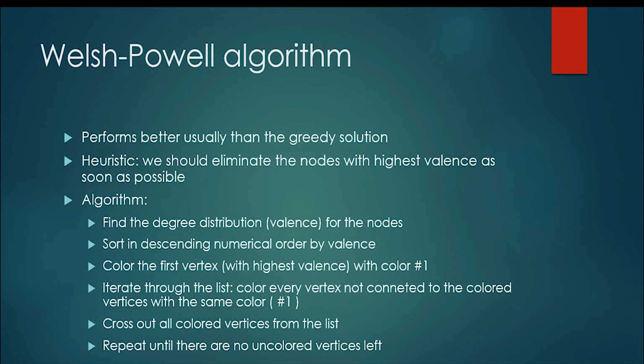Iterate through the list, color every vertex not connected to the colored vertices with the same color. In this situation it is the color 1, but as we keep incrementing our color number, it can be 2, 3, whatever. Cross out all colored vertices from the list and repeat until there are no uncolored vertices left. So it's very easy.